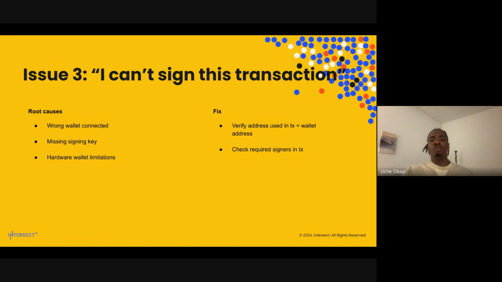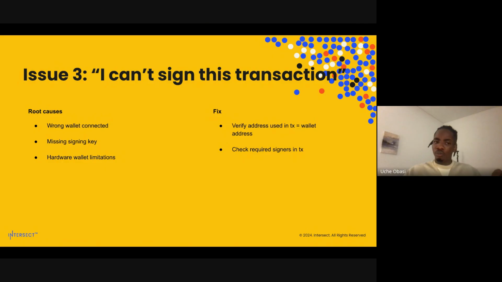Another issue is, I can't sign this transaction. A user can say, oh, I can't sign this transaction, what exactly is going on? First thing, like I always say, we find the root cause.